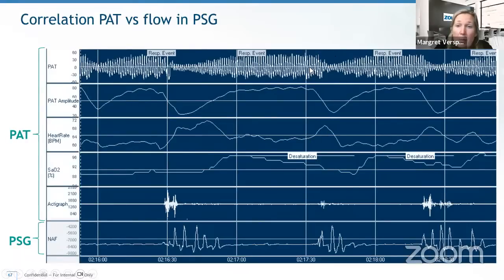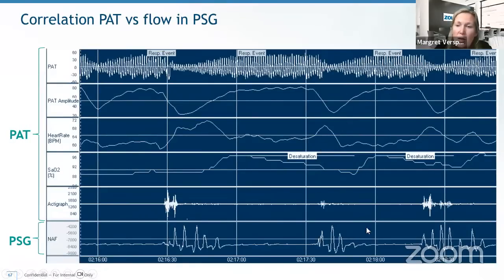So the PAT signal scores a respiratory event, apnea or hypopnea event, before the arousal, because the arousal is a result of the obstruction of the upper airway. So actually, what we measure in a flow-based device is the flow limitation, while we are measuring the result of the flow limitation, the sympathetic activation, the arousal.